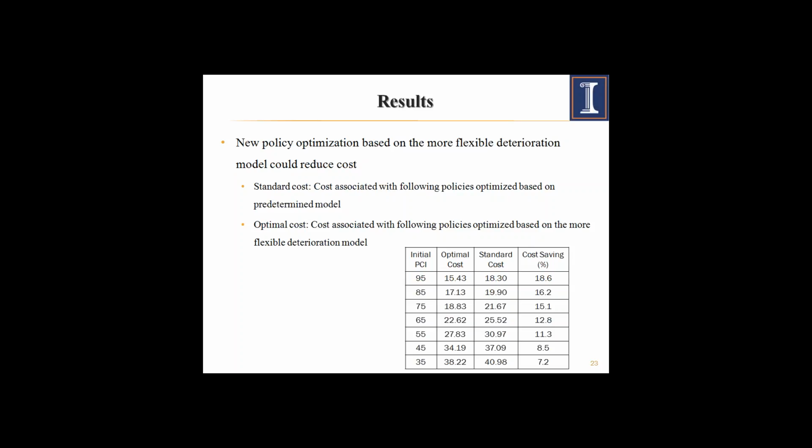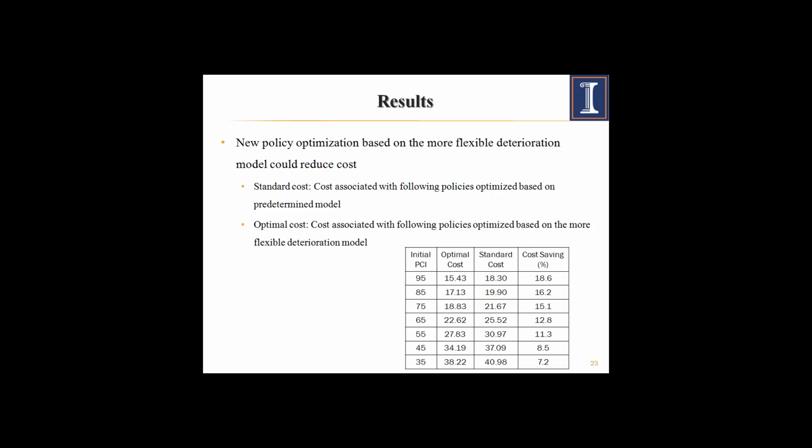Okay. Did you have a minimum PCI that you needed to maintain, or how did you consider the performance? I guess we had a constraint that at the end of the planning horizon, PCI should be greater than some value.